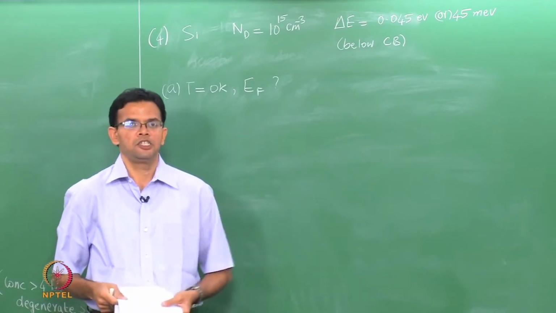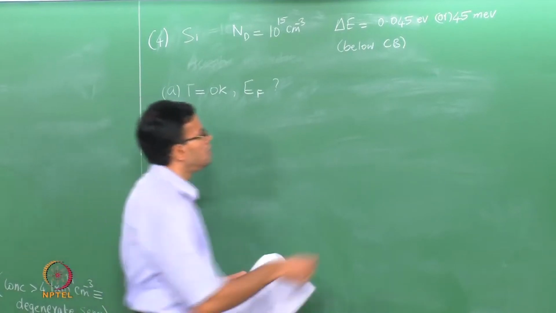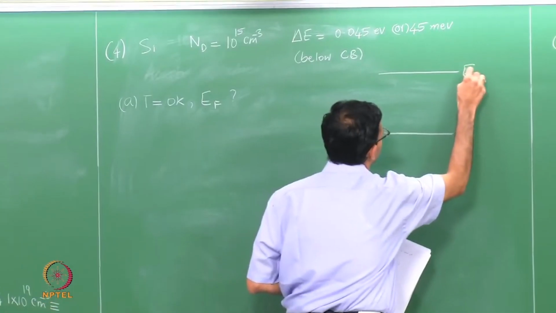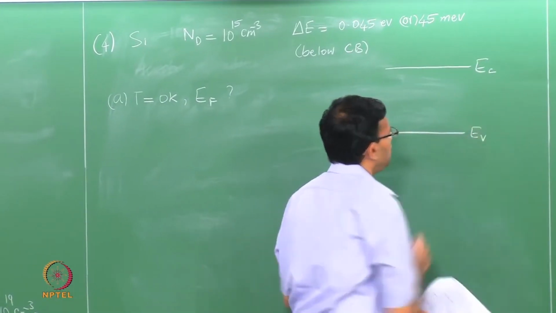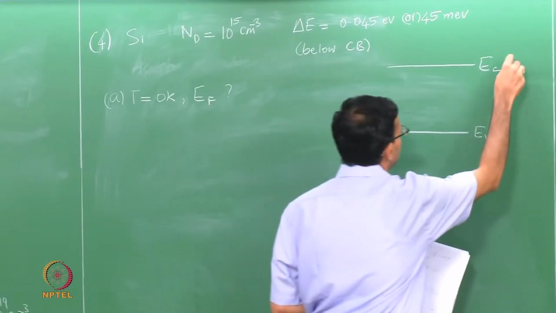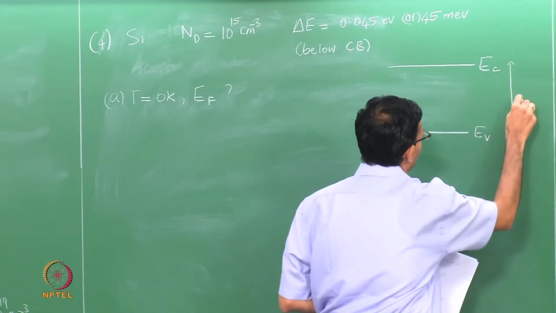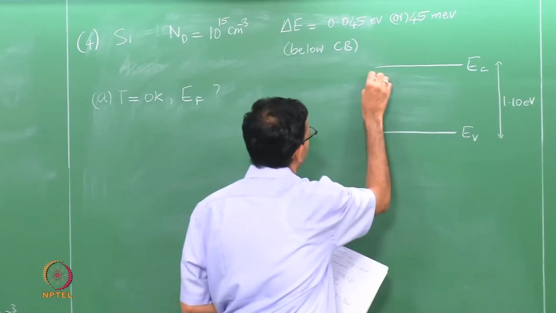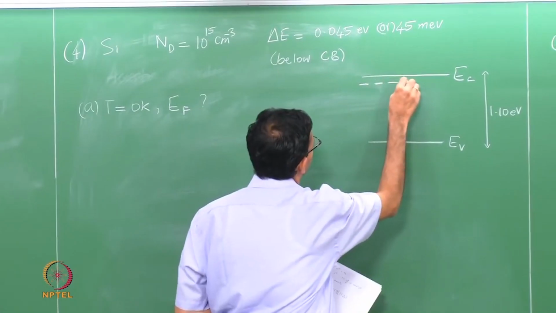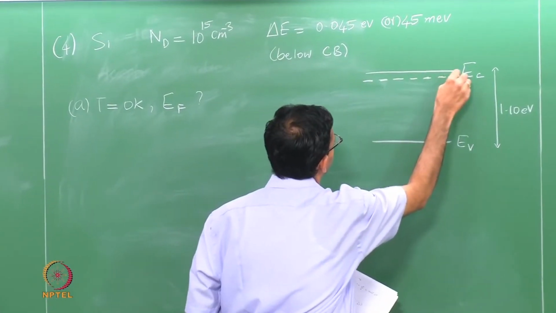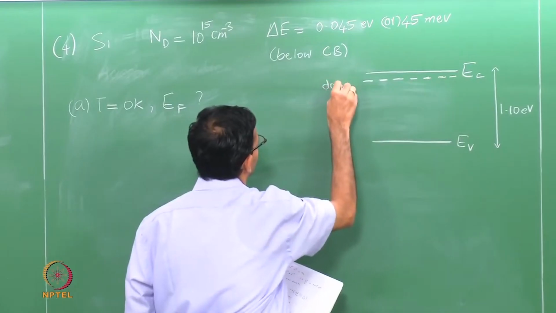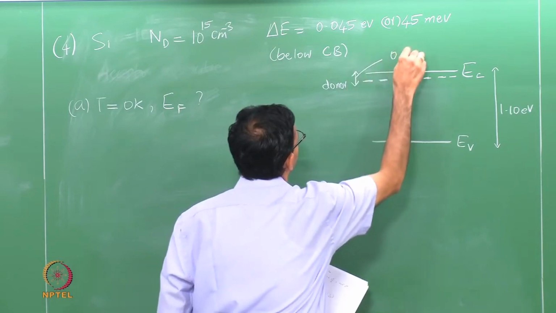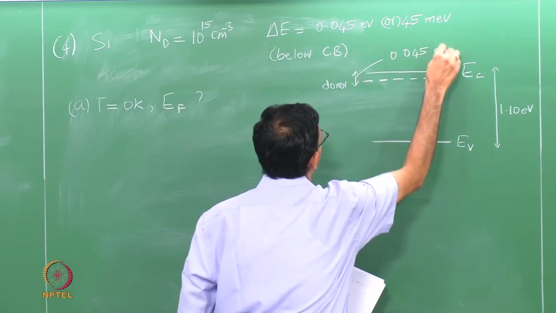So, at low temperatures, if you think about the model, let me draw a schematic of the band diagram. This is EC, this is EV, the material is silicon. So, your band gap is typically 1.10 electron volts. We have a donor level that is very close to the conduction band edge. So, this is your donor level and this energy is 0.045 eV.